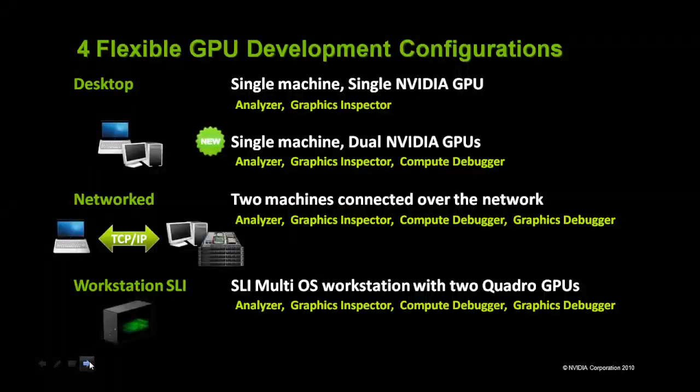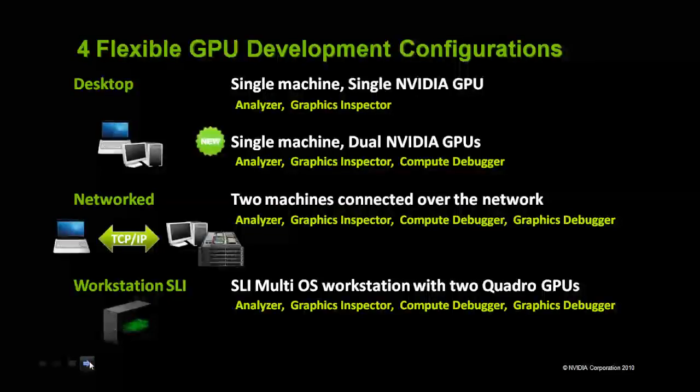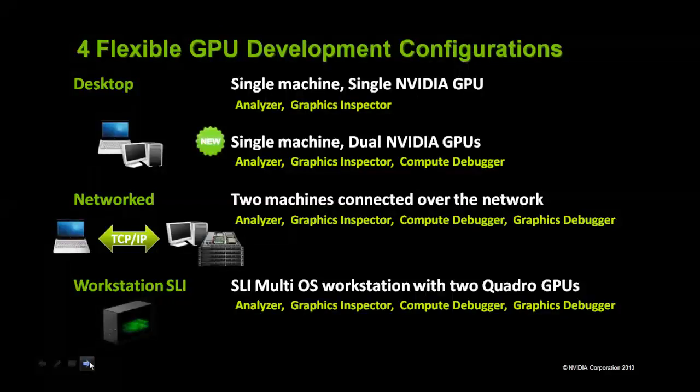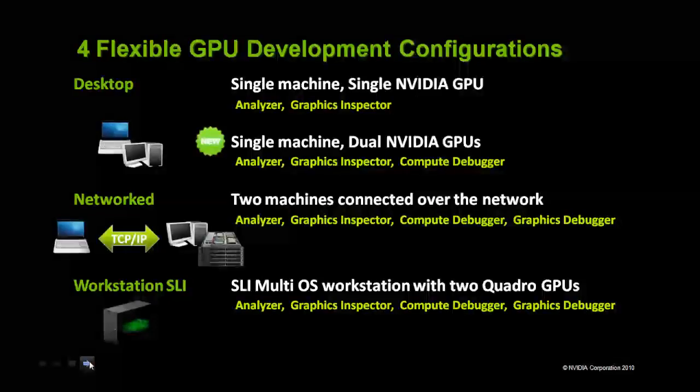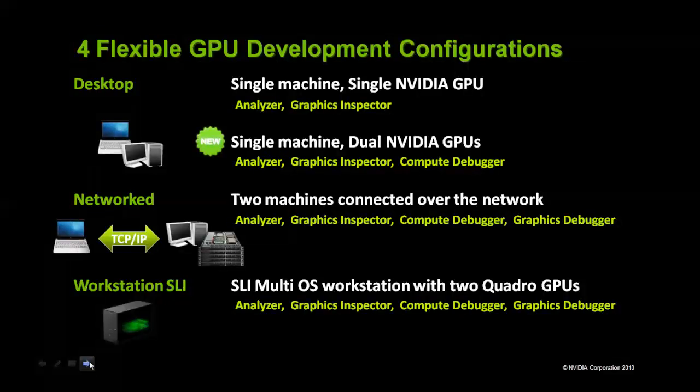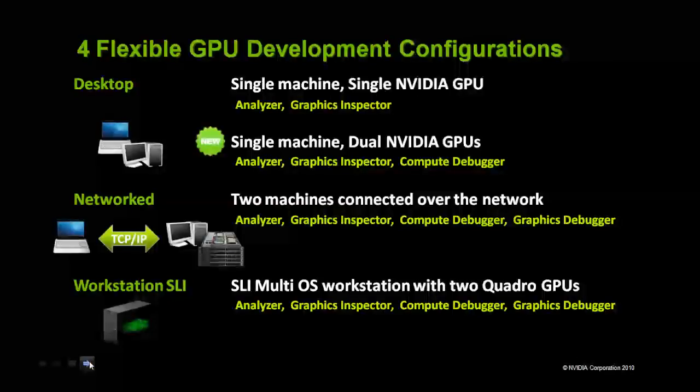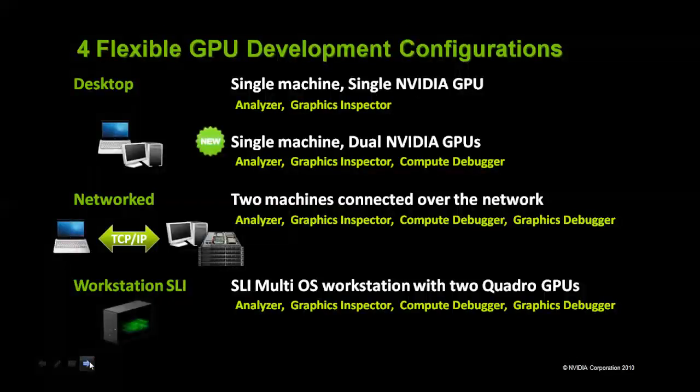So you can imagine that when we're debugging on the GPU, when you set a breakpoint on the hardware, it's actually going to stop the GPU at that breakpoint. So if you need to update your desktop, that's not going to function correctly.